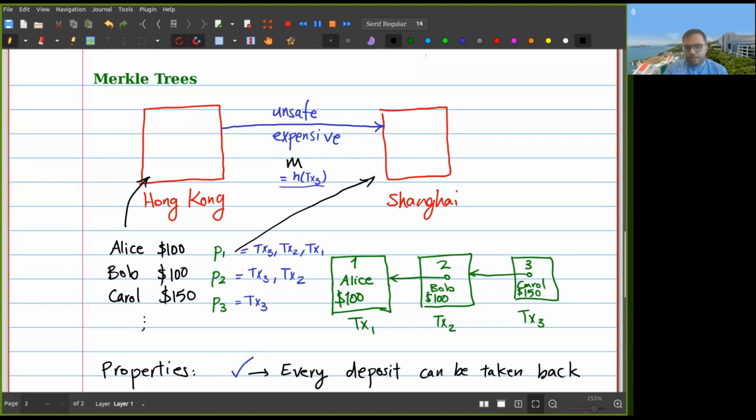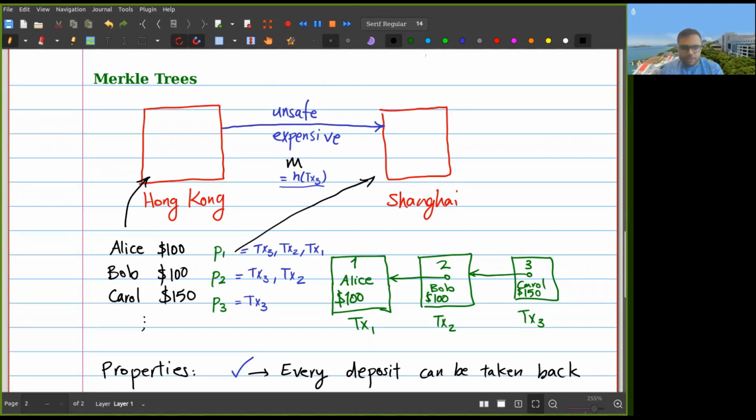So this is a problem. Even if P1 contains P2 and P3, Alice cannot distinguish all of them. Yes, she can. That's our problem, right? Here P1 actually includes all the data in P2 and P3. So in order to be able to prove her transaction and get her money back, Alice needs to know all the information about the next transactions in this system.